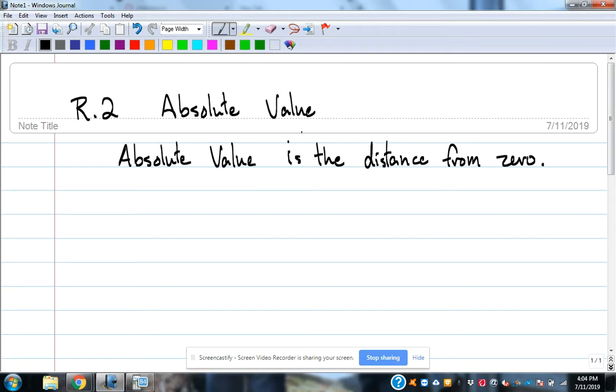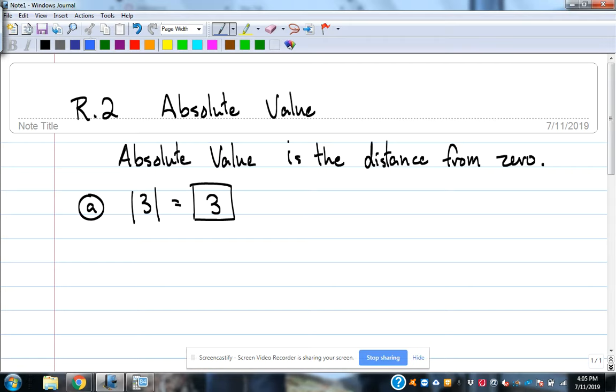So the absolute value always, when we take the absolute value of a number, like absolute value of 3, straight up and down sticks on each side, that's the absolute value marks. It's 3. It always produces a positive answer because distance is never negative.